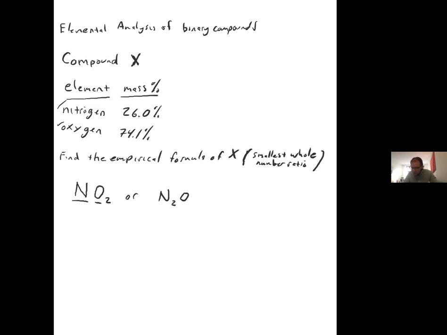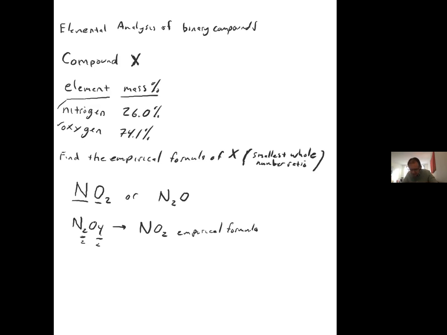So for example, if I had N2O4 as a formula, that ratio, 2 to 4, is not the smallest ratio possible. Oxygen is twice what nitrogen is, 4 to 2. So to change that to the empirical formula, we would just divide this by 2, divide this by 2, and you'd get NO2, and that would be the empirical formula.